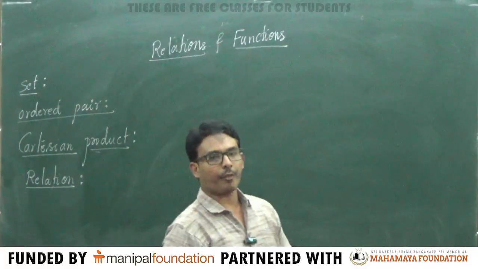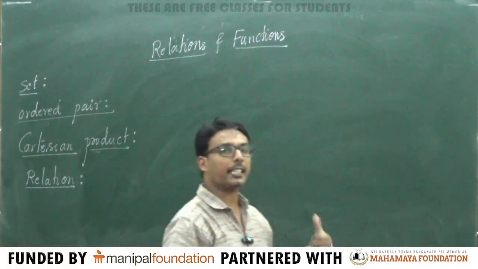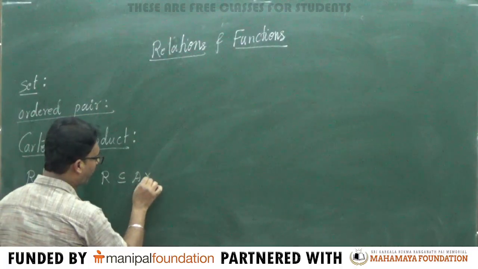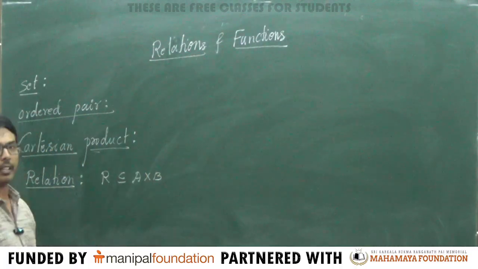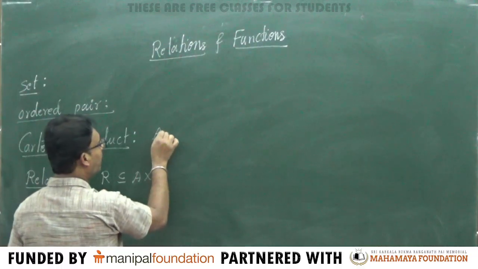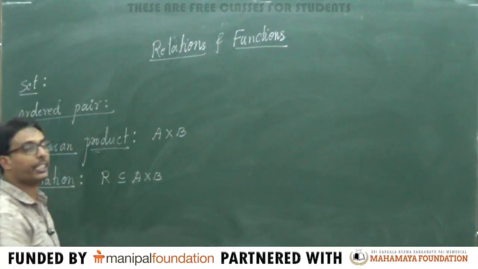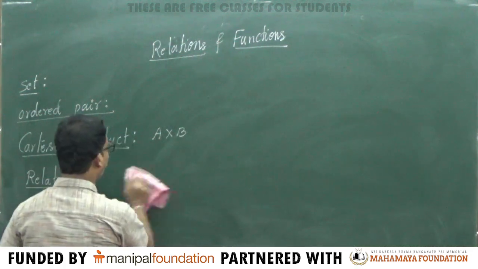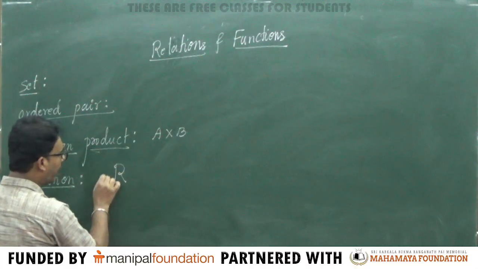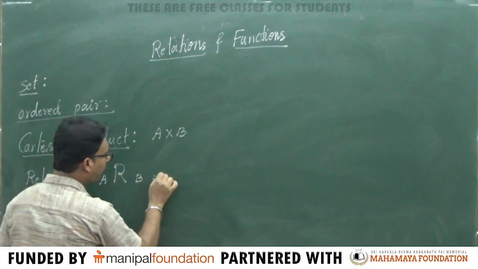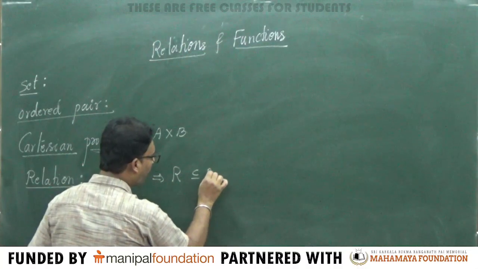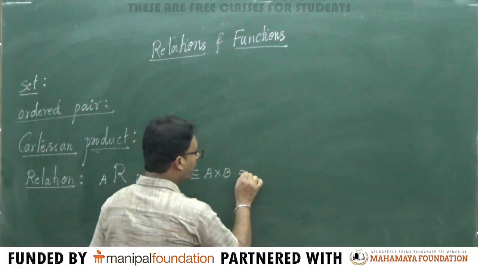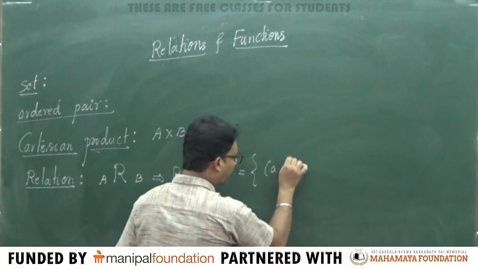The definition of a relation is that a relation is a subset of a Cartesian product. Suppose A and B are any two sets, then A cross B stands for the Cartesian product from the set A to B. And we say that R is a relation from the set A to B if R is a subset of the Cartesian product A cross B. That means the relation R also contains ordered pairs.